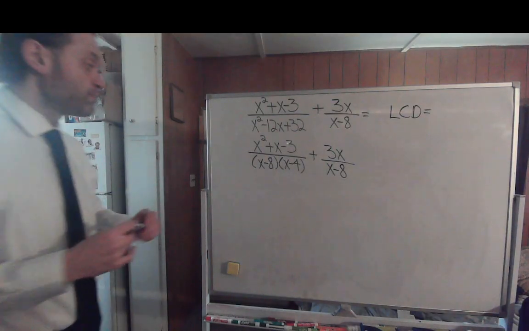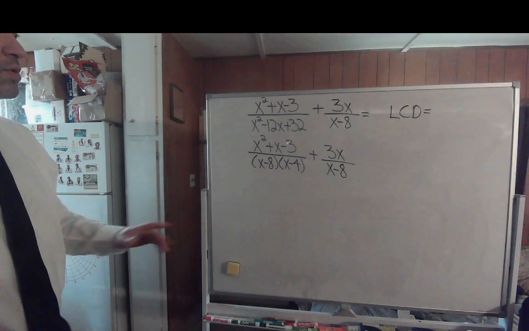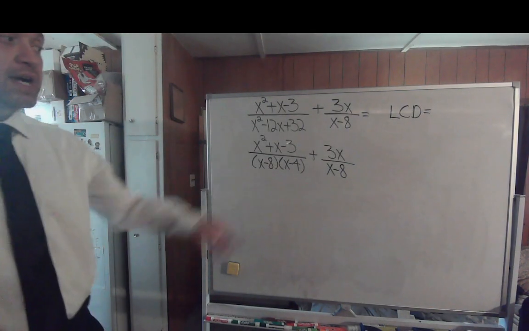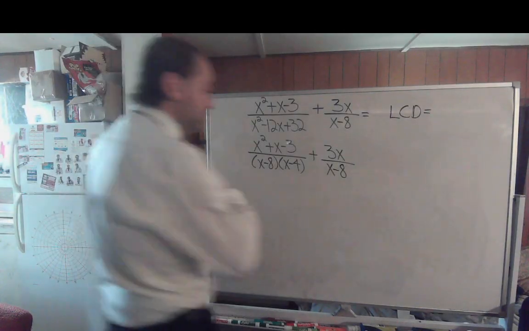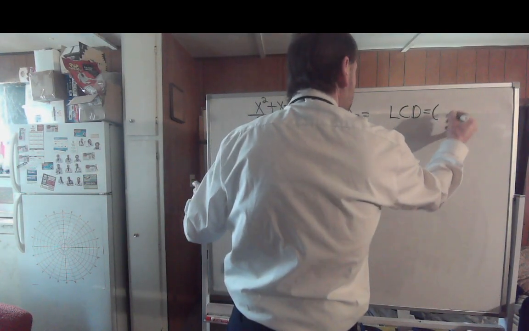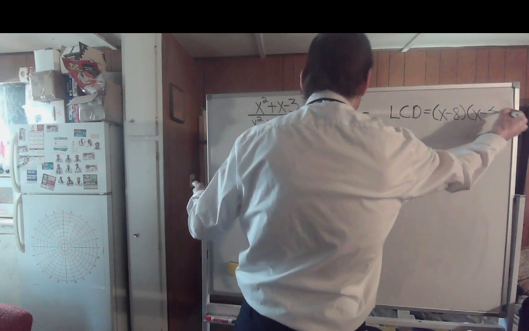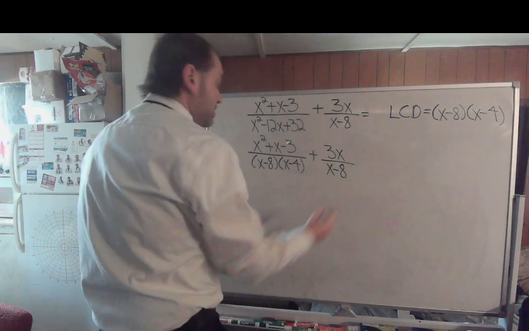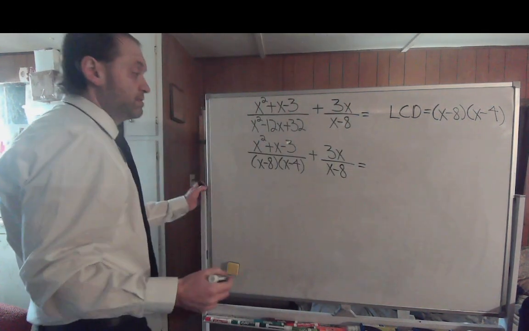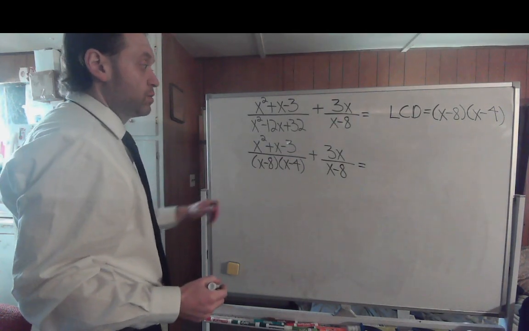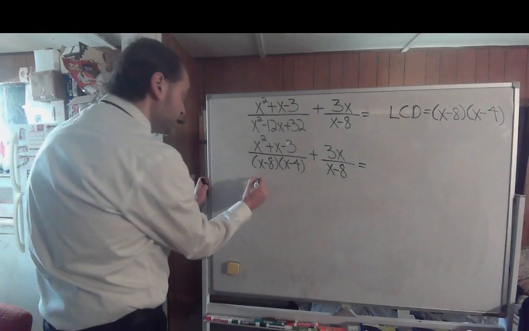Well, you notice both terms have an x minus 8, but only the first term also has an x minus 4. So your least common denominator would in fact be (x minus 8) times (x minus 4). So we now need to make both of these terms have that least common denominator. Well, in the first term you already have it.